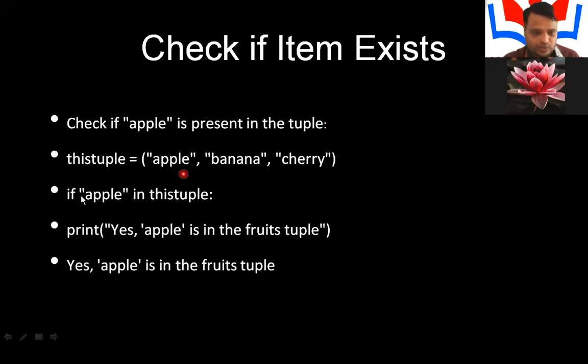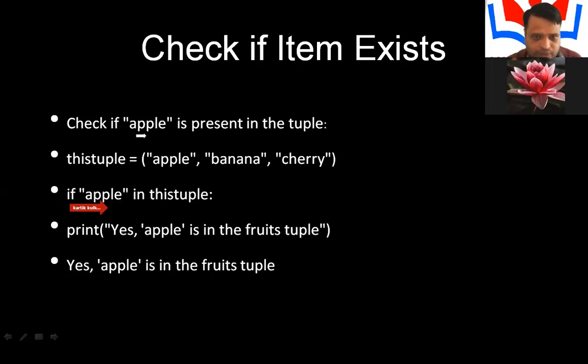This statement is very, very important. You can notice the if keyword, and then what item you want to search for in the given tuple, that you need to specify.